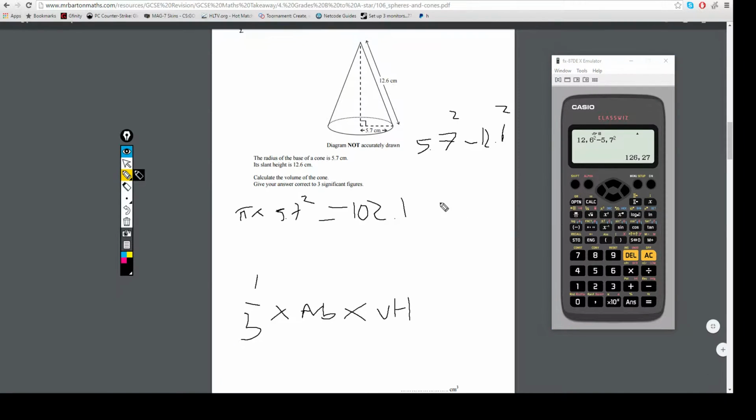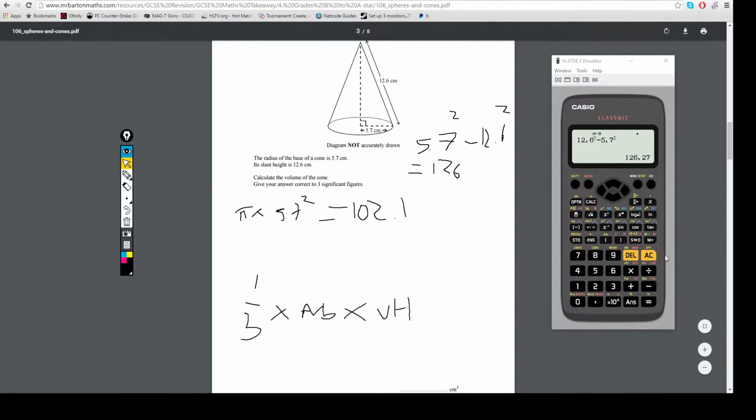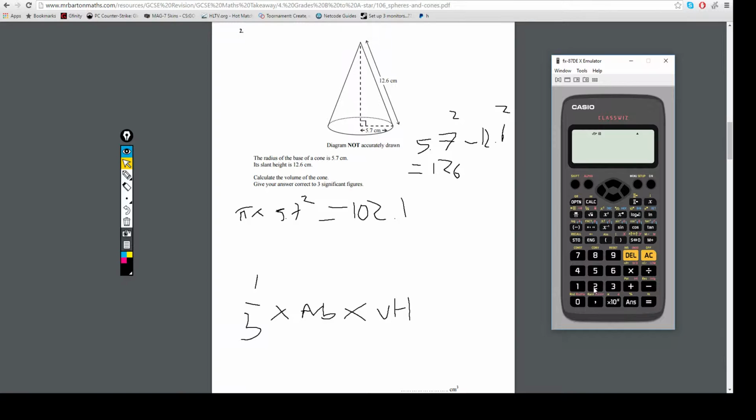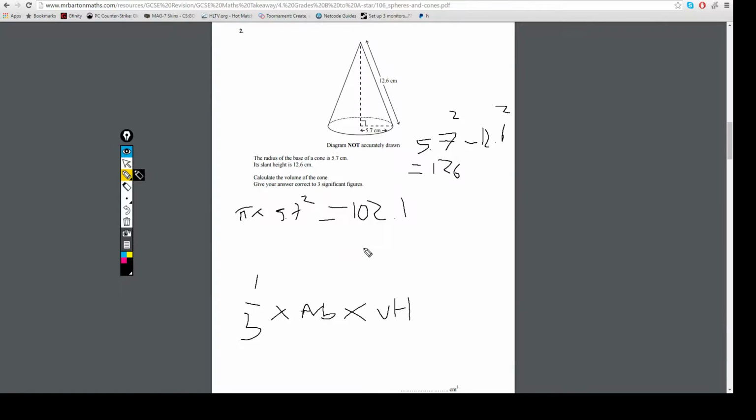And so we're going to put that's equal to 126, okay, and then we're going to have to square root that. So we clear, and then we're going to have to square root 126, and that's going to give us 11.2, and that's going to equal our vertical height.